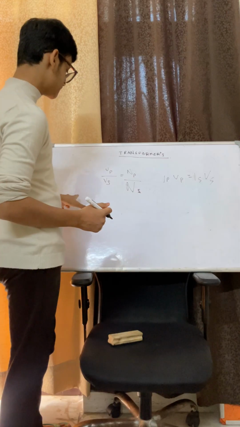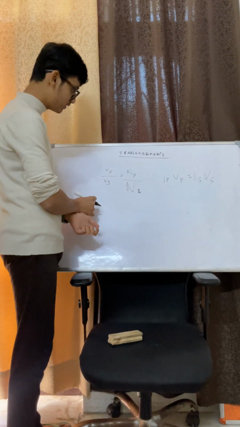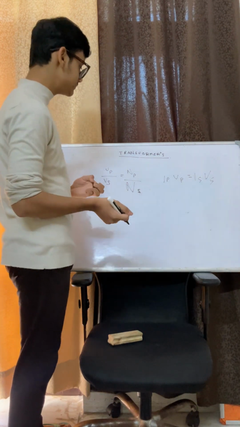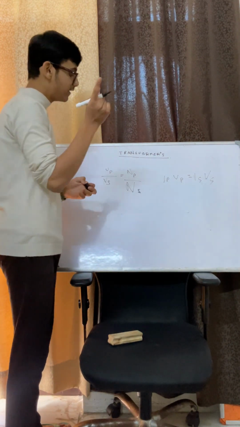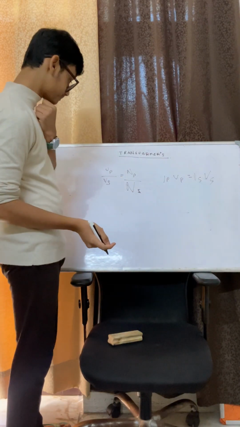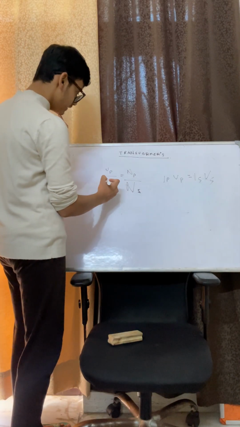So let me first tell you what the formula is. This is voltage in the primary coil divided by voltage of the secondary coil is equal to number of turns in the primary coil divided by number of turns in the secondary coil. Got it? So why is this?